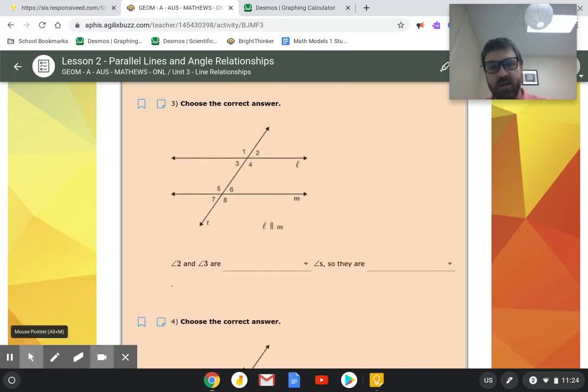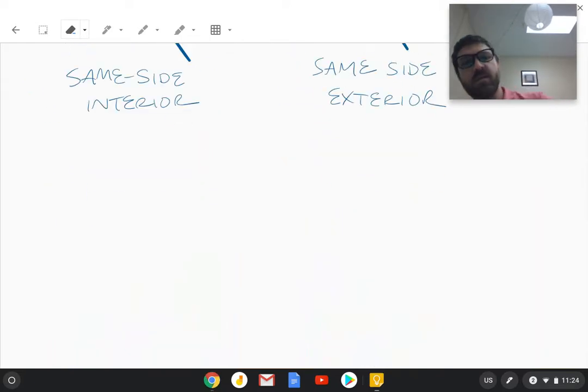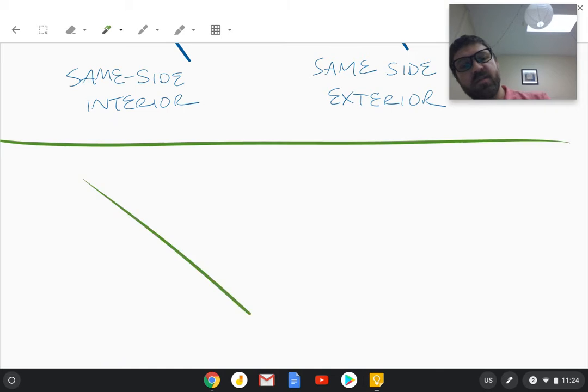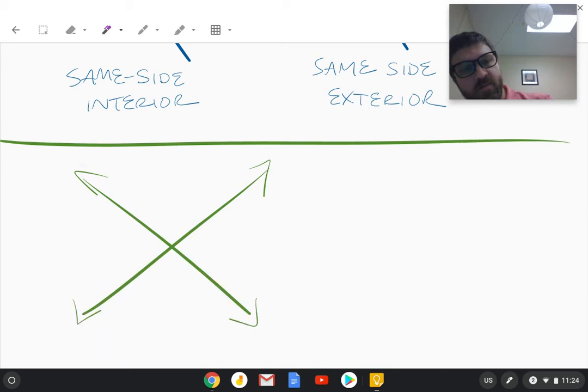All right, so I'm going to pause and go back to our notes and tell you about one other special case for these relationships. It's one we've already discussed, but we need to discuss again just to drive the point home. We discussed previously what this is called when we have angles that are at an intersection that are across from each other. We have this angle as an example, and this angle pair.